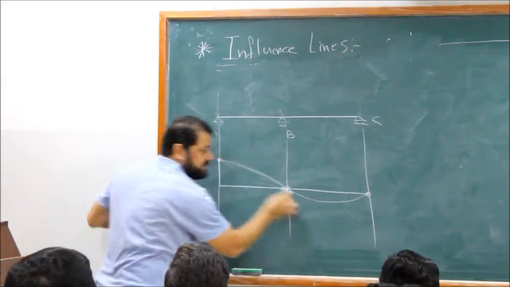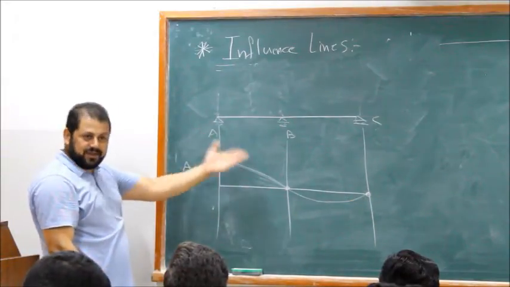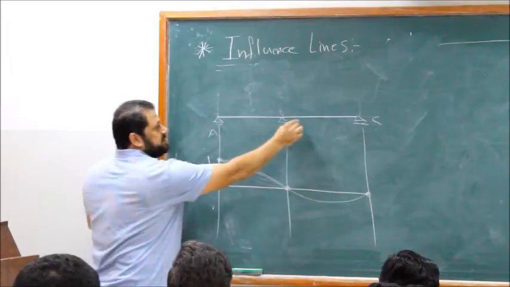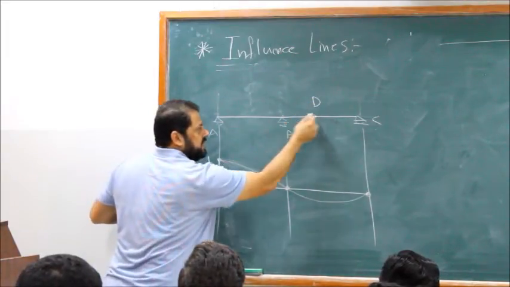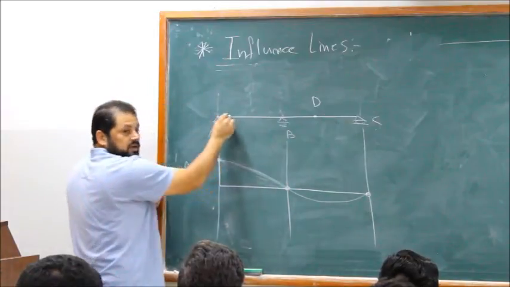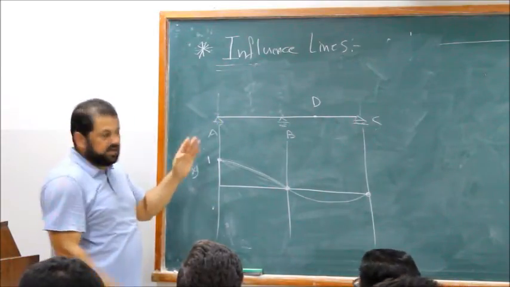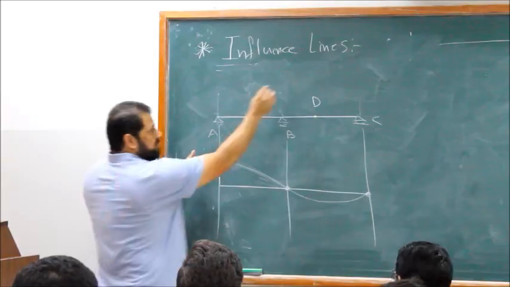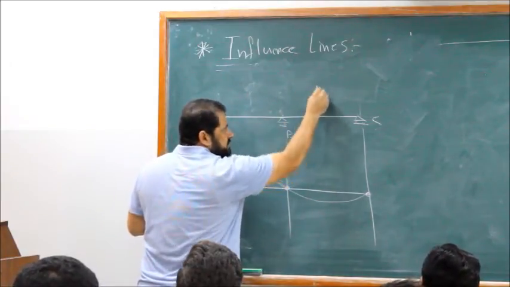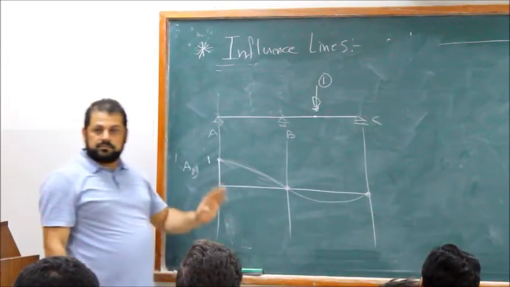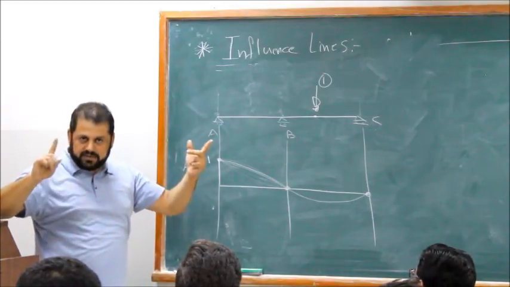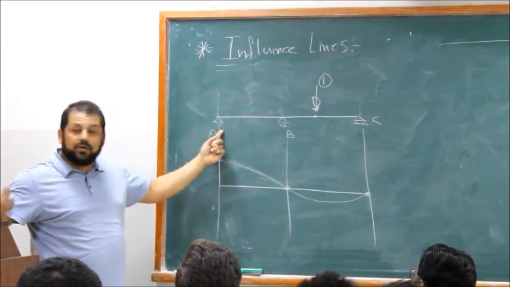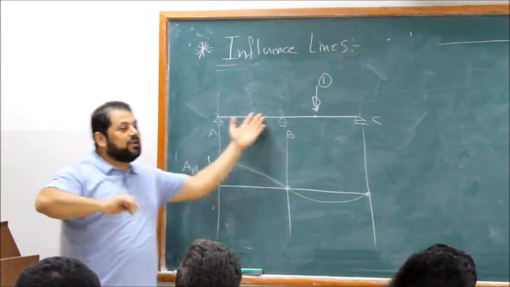The deformed shape. Now how do we calculate this one? At any point D, this point D can be here or here or here, any point. If the unit load stands at this point D, what am I looking for? AY, at any location.